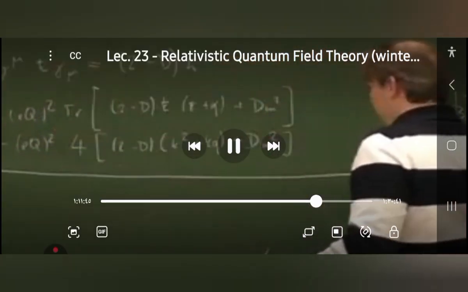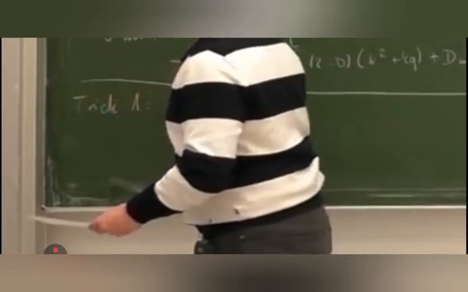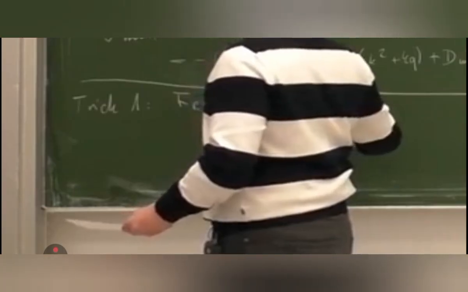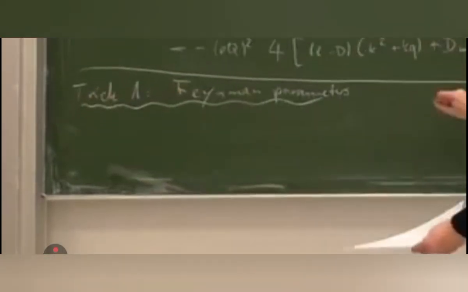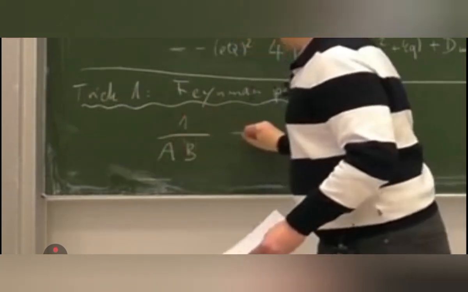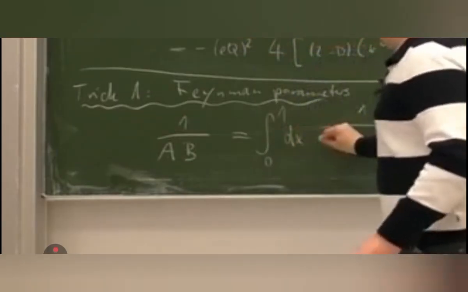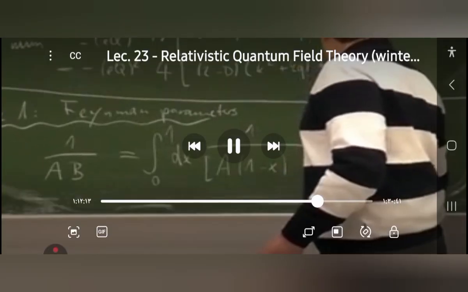And the first trick is the following: so-called Feynman parameters. Namely, we write 1 over a product a times b as an integral from 0 to 1 dx of 1 over (a times (1 minus x) plus b times x) squared.